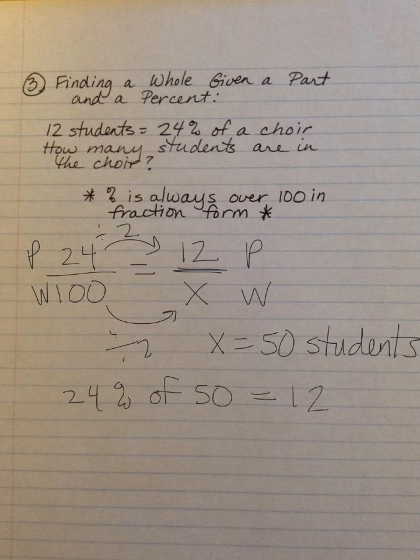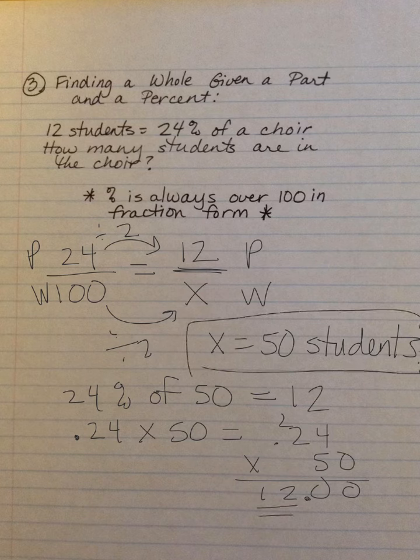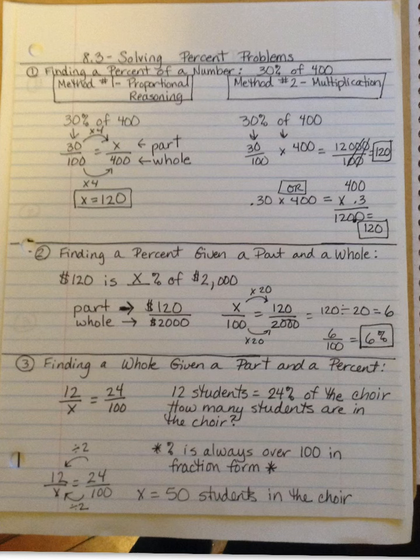And so I can turn this into a decimal. 0.24 of means times, so 0.24 times 50. I bring my decimal over, and that equals 12. So I am correct. So x equals 50 students.